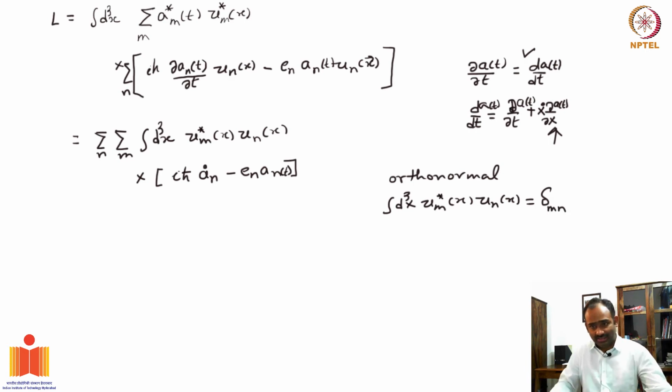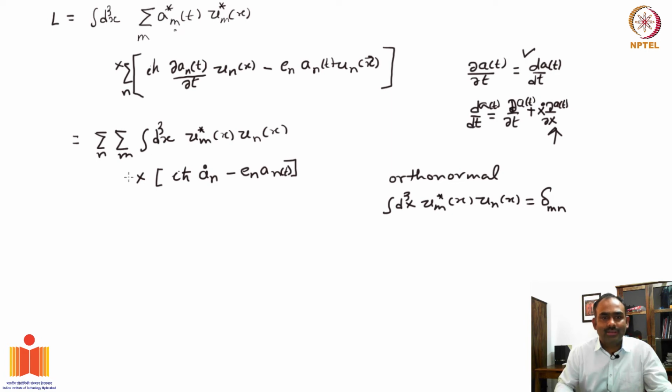So, when m and n are equal, meaning you have the same function in here, then you get 1. If m and n are different, then because they are orthogonal, you get 0. Okay, delta m n will be 0. So, that is the condition we have, which if I put here. So, if I replace this piece with delta m n, something is missing, this piece is missing.